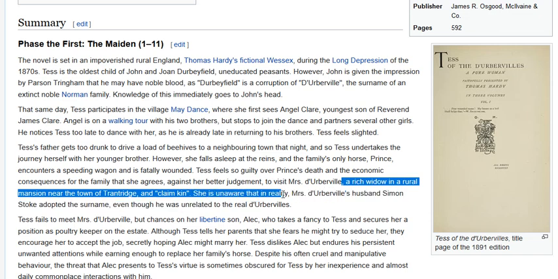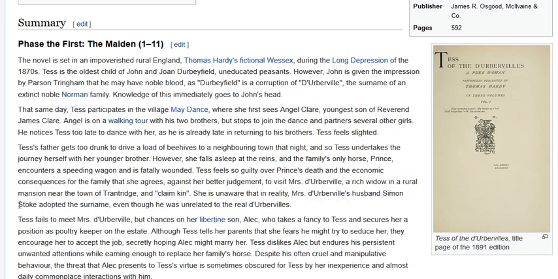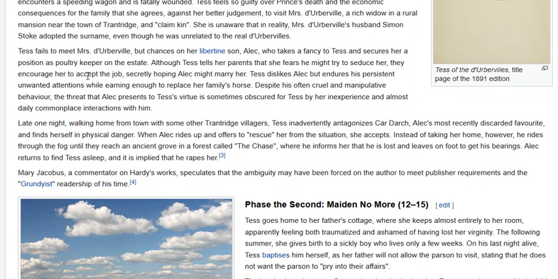She is unaware that in reality Mrs. D'Urberville's husband Simon Stoke adopted the surname D'Urberville, though their real surname is Stoke, even though he was unrelated to the real D'Urbervilles. So traditionally they are not aristocratic, though they are financially rich.